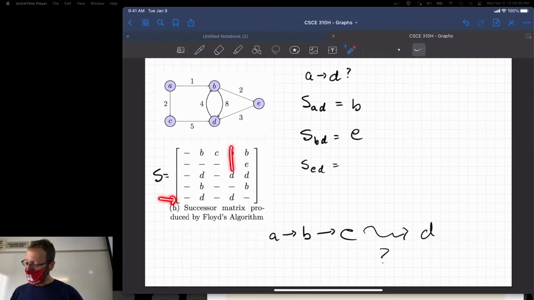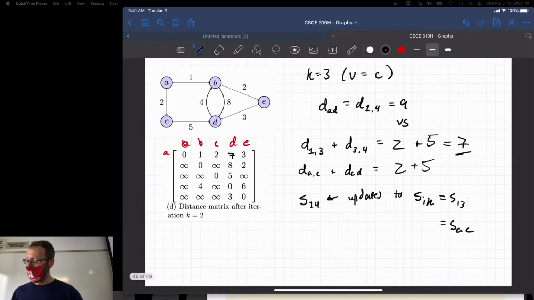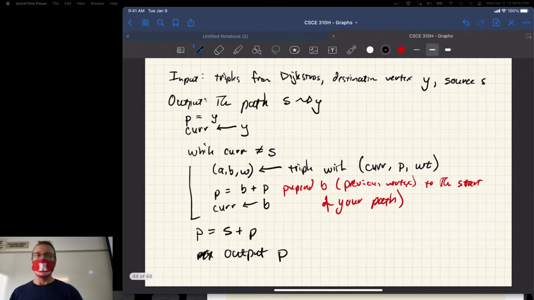E to D means you just go to D. And so this transforms into a path by looking at all these successor matrices. And guess what? It's the exact same algorithm as this one, but in reverse. You're doing a successor instead of a predecessor.